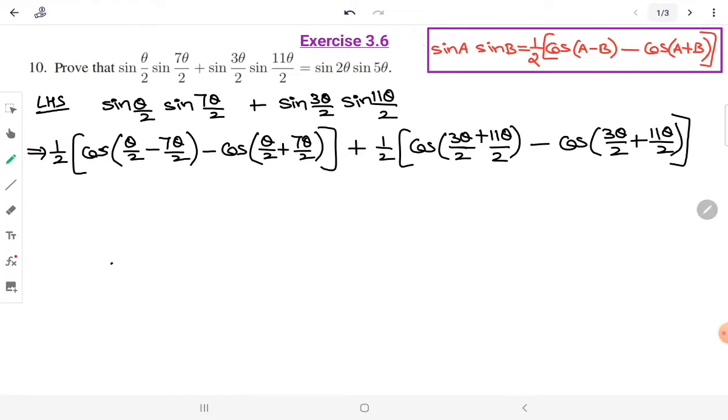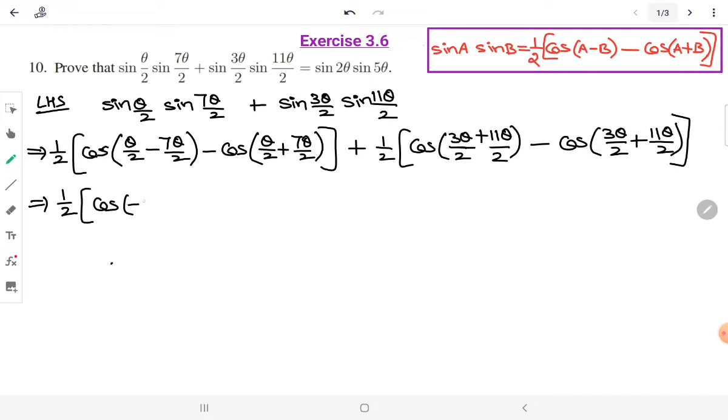Now here, half of cos, so θ/2 minus 7θ/2, 2 is the LCM. So θ minus 7θ is nothing but minus 6θ. So minus 6θ by 2, so it gets cancelled.